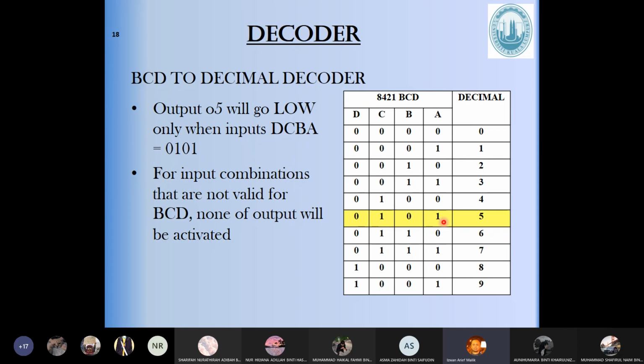So obviously 4 tambah 1, so 5 lah. Okay, if you want to display number 8, then 1000, then 8 will becomes low. Dia yang akan menyala. Okay. So that is how it works lah. So ini yang kalau kita tengok dekat mana jumpa dekat sini tadi.